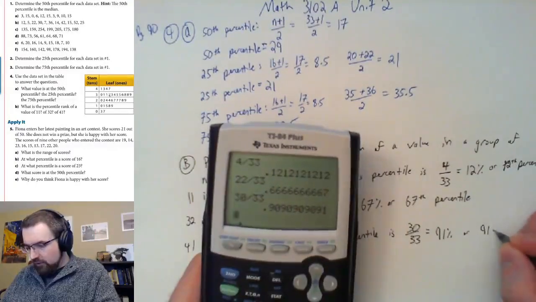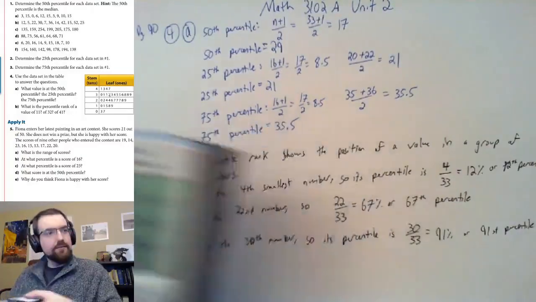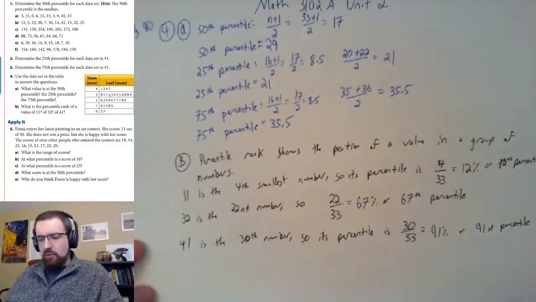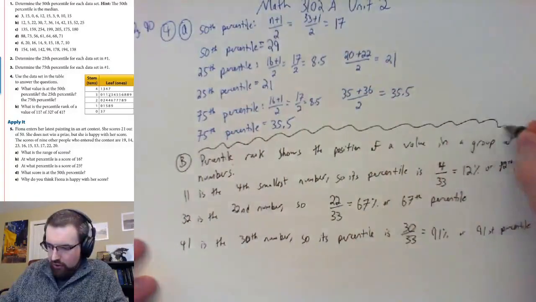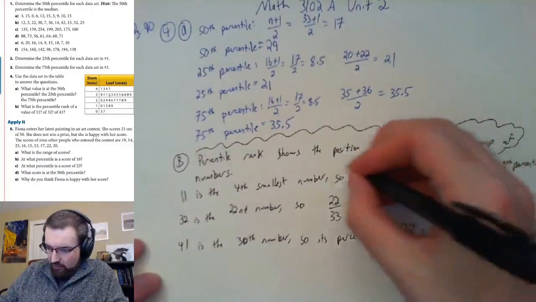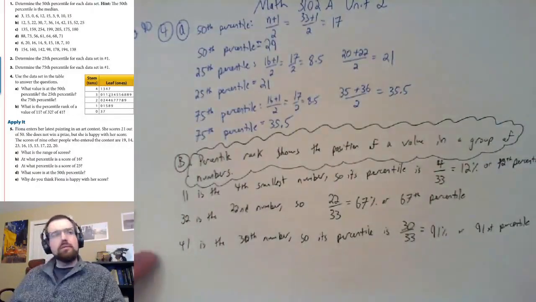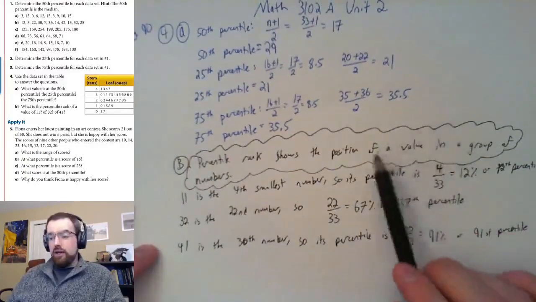So it's the 91st percentile. Again, for percentile rank, this is super important: percentile rank shows the position of a value in a group of values.